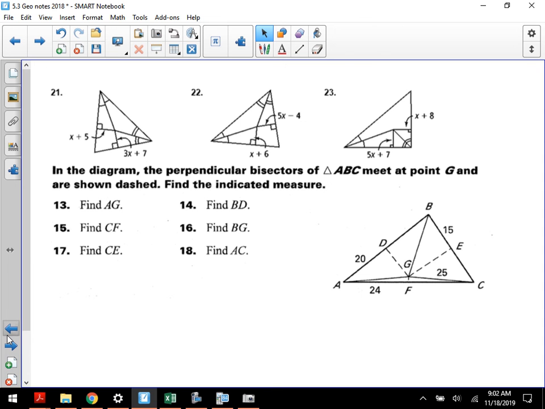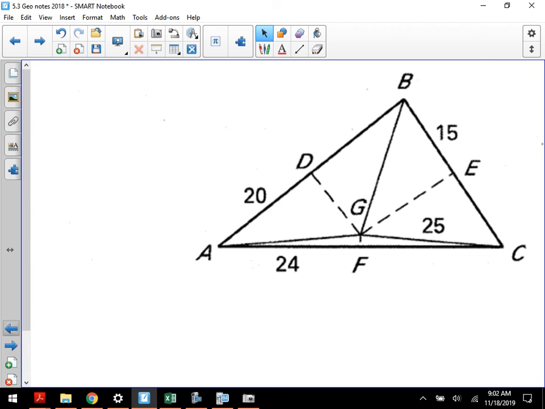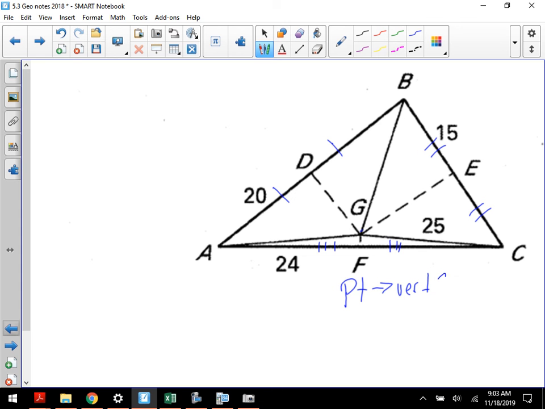So what I would do right off the bat on this diagram, it tells you that these are the perpendicular bisectors, which means these are the parts. All those pieces are the same as you go around. And if it's perpendicular bisectors, that means from the point to the vertex is the same. Okay? Point to vertex.